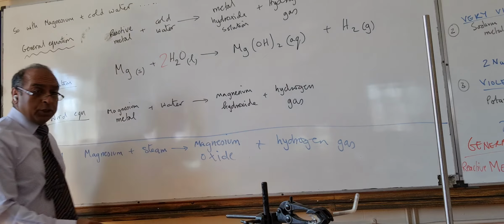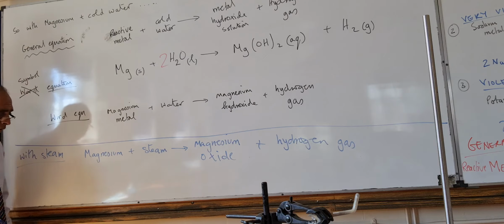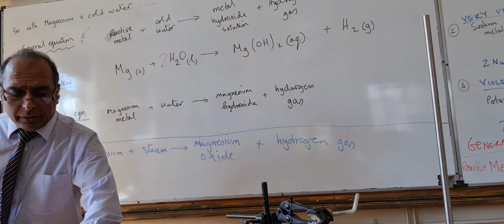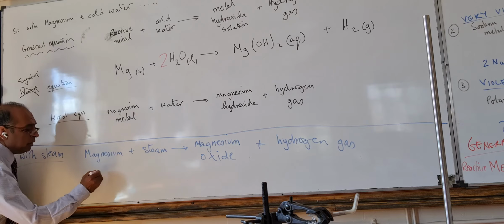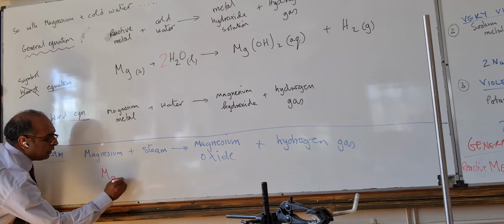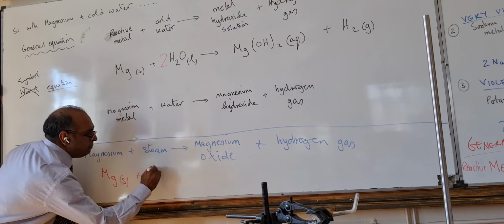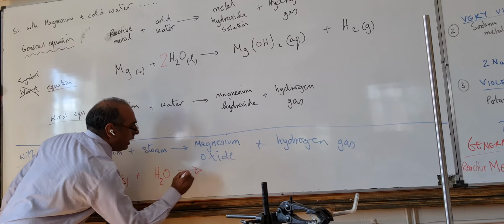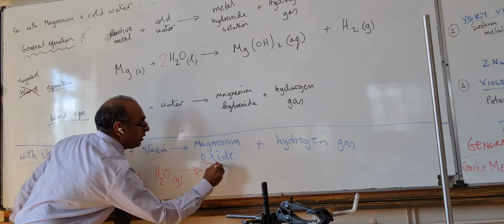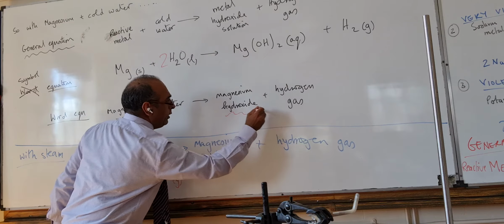That is the specific reaction going on, and if you want the balanced equation for it, then we turn the words into symbols. Magnesium was a solid, steam, H2O, is a gas, and in this reaction you get the oxide with steam, not the hydroxide.